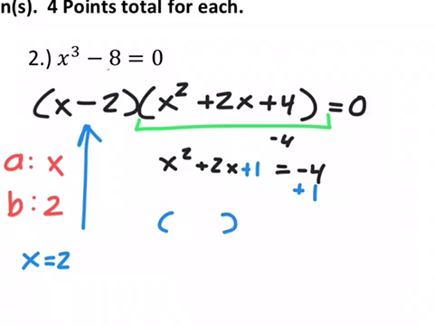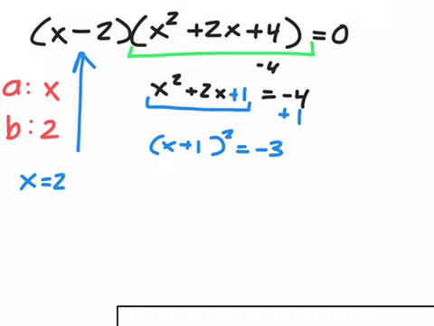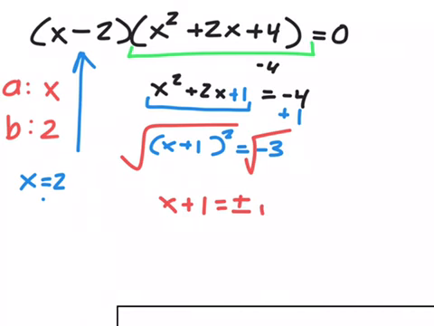to complete the square, I'd have to add a 1 onto both sides, which would now allow me to factor this side here to x plus 1, giving me x plus 1 squared is equal to a negative 3. Now I'm able to square root both sides, and I will get x plus 1 is equal to, the square root of negative 3 is plus or minus i square root of 3.